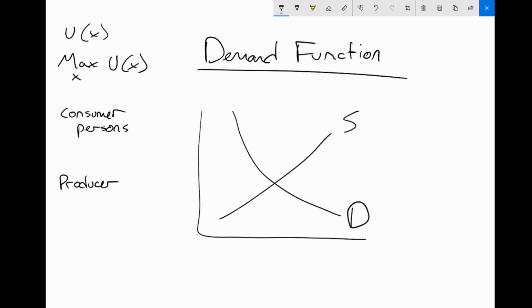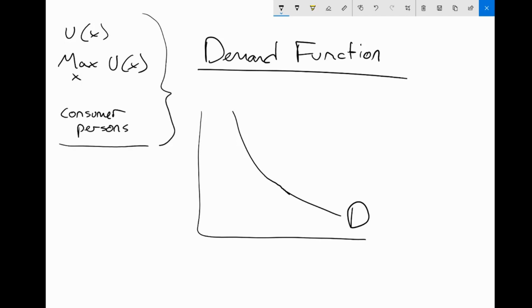And so what we're going to do today is take our understanding of the economic decision making of individual agents, i.e. consumers, and translate everything we've talked about so far into the demand curve, the demand curve that you're familiar with from standard economic theory, supply and demand. So we're building our way up to that.